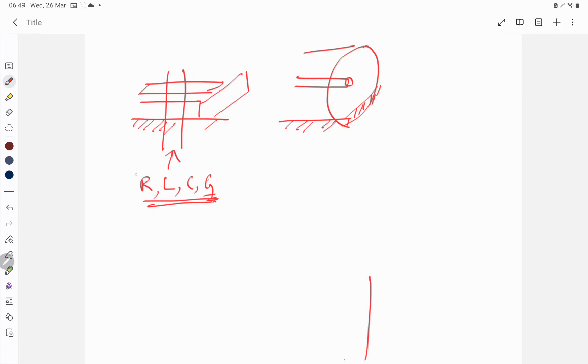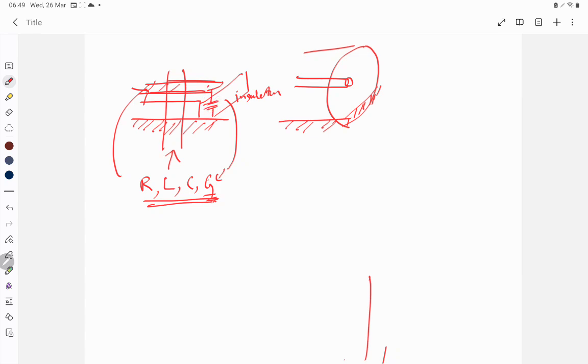The resistance comes from the conductors, because inherently there will be a resistance in the conductors, whether we are using copper or aluminum or anything. The G, or conductance, comes from the insulator or dielectric that we use, and the inductance comes from the conductor again, and the capacitance comes from this one.